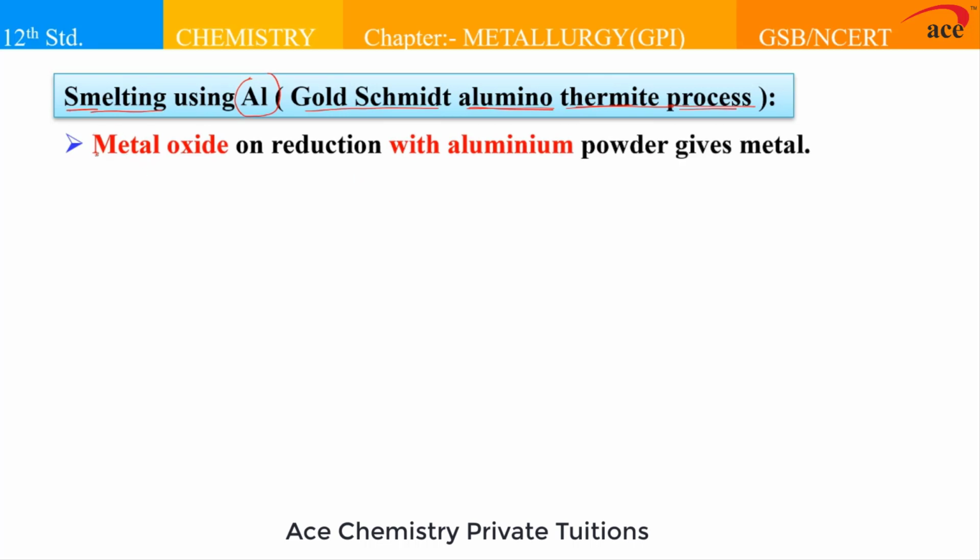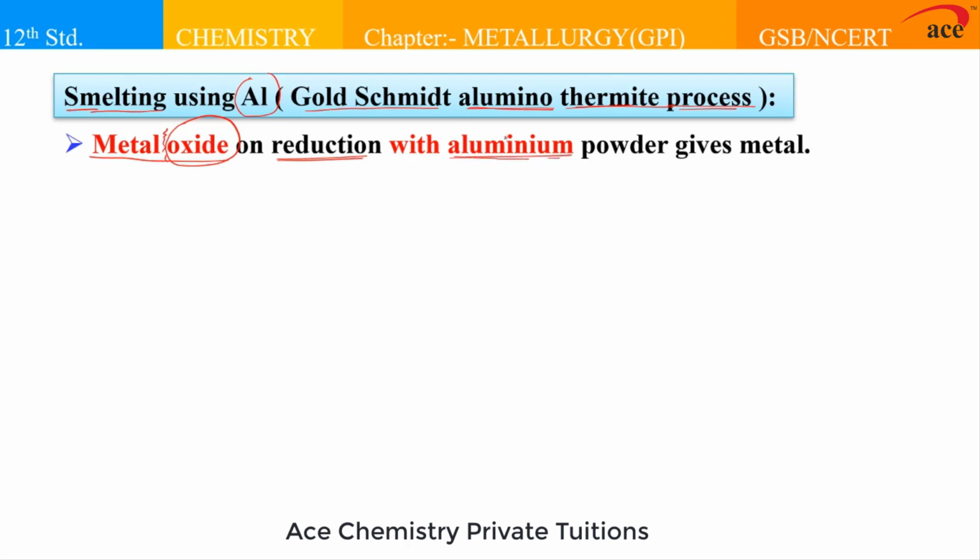If you see, in reduction, what do we do? We convert metal oxide to metal, which means we have to remove the oxide part, and removal of oxygen in science is referred to as what? Reduction. So for removal of oxygen from the metal oxide, we mix in aluminium metal, which is highly reactive.